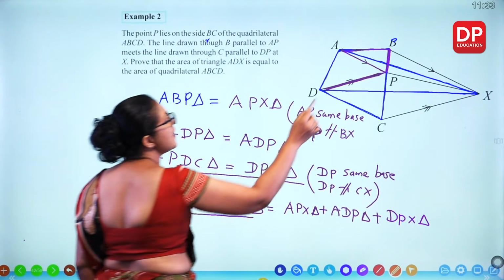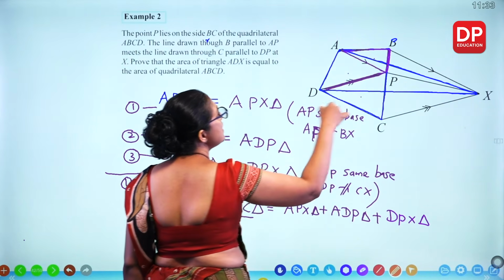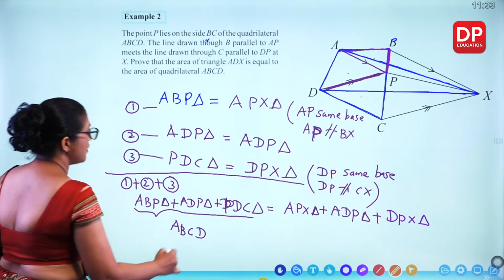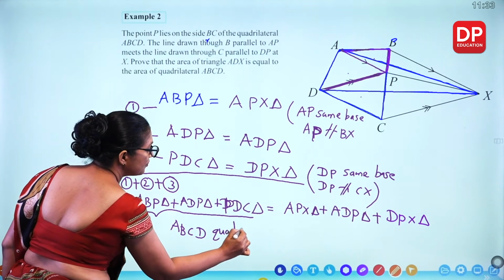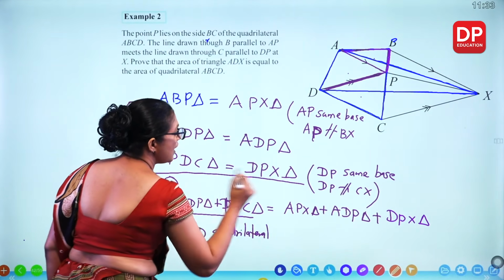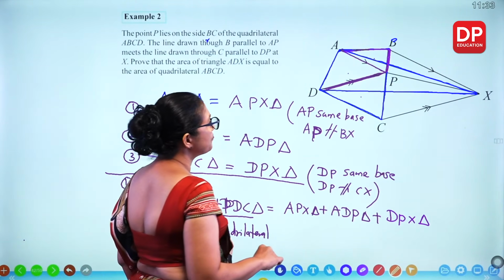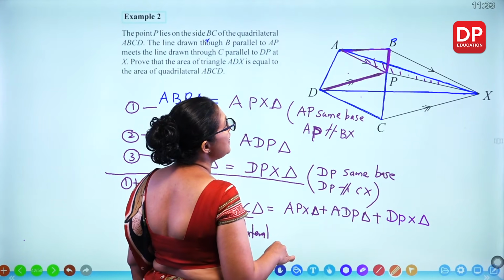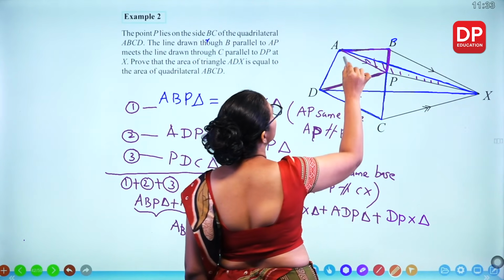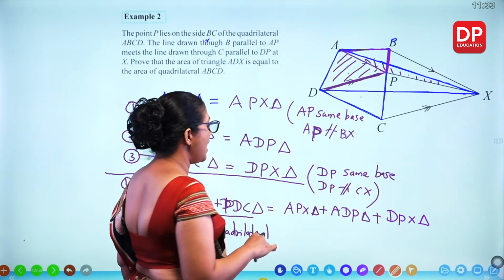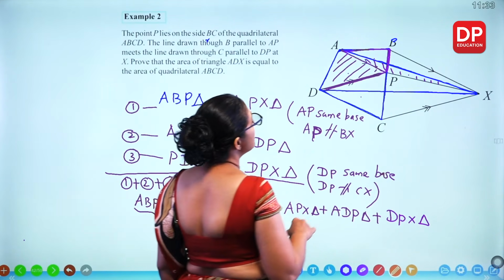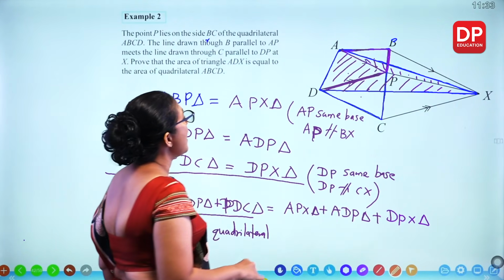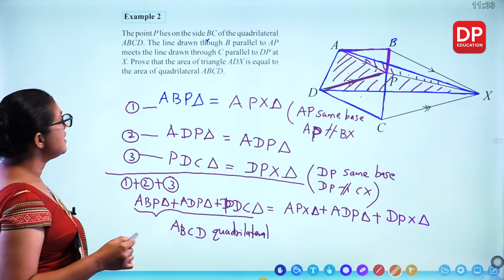I can see when I add this one, this one, this one, I get ABCD quadrilateral, and when I add APX, ADP, and DPX, I am getting AXD or ADX triangle.